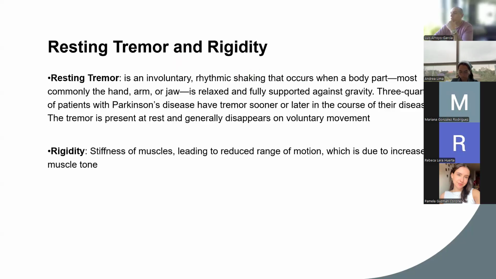It's a rhythmic shaking that occurs when a body part is relaxed and fully supported against gravity. Three-quarters of these patients have this resting tremor, and one of the impressive things is that it disappears when we have voluntary movement.